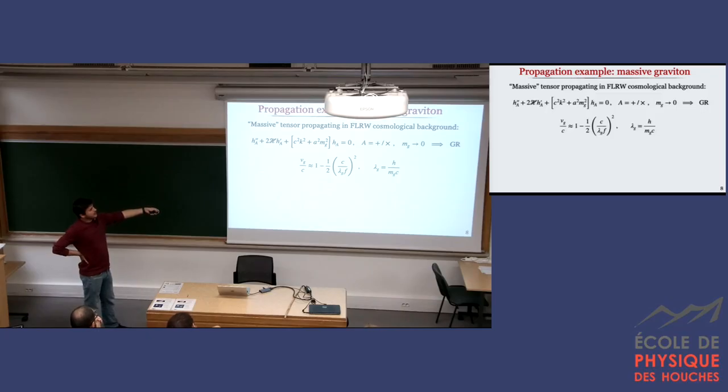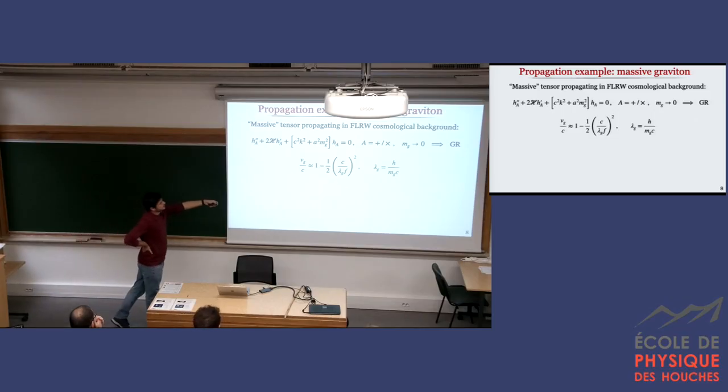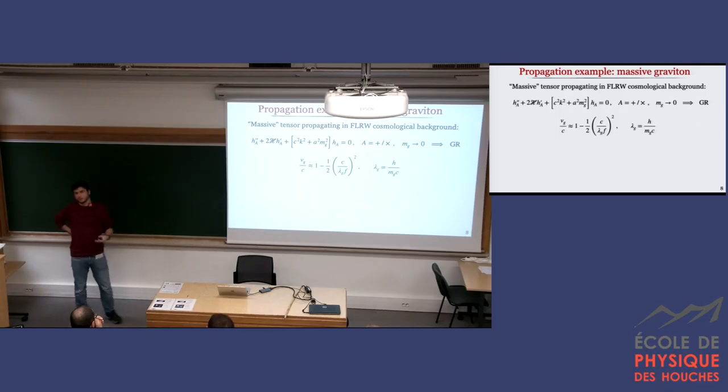So when the mass of the graviton goes to 0, essentially this term goes to 0, because lambda, where lambda here is essentially the quantum wavelength of your massive graviton, related to the inverse of the mass of the graviton, goes to infinity.